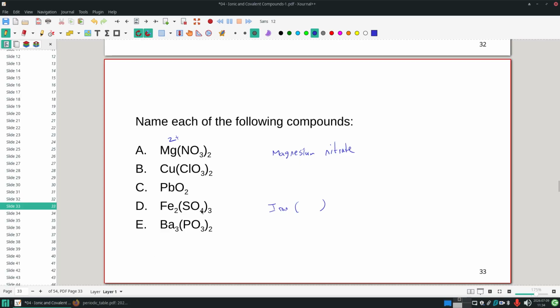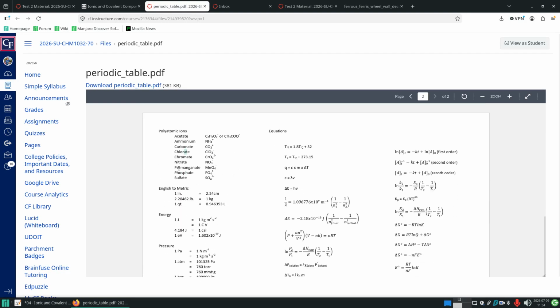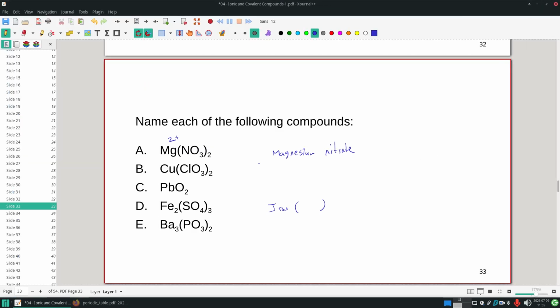Well, the SO4 listed there is one of our polyatomic ions. It's the bottom one here. SO4 2- is sulfate. So I know this is iron something sulfate. Now that means this is a -2. There are 3 of them, giving us a total of -6. So those 2 need to counterbalance it. That means these are iron 3s.